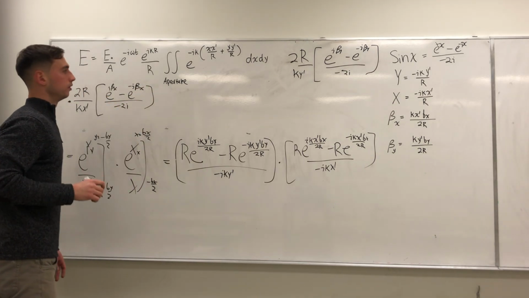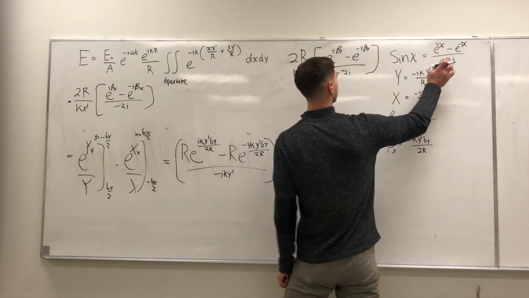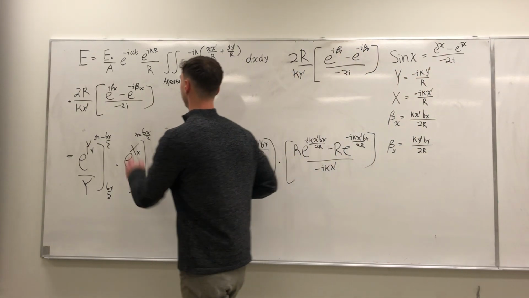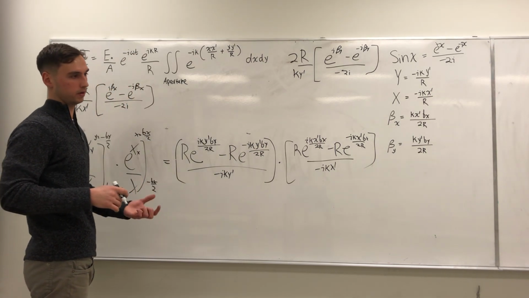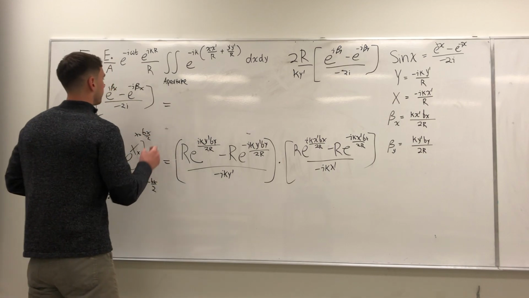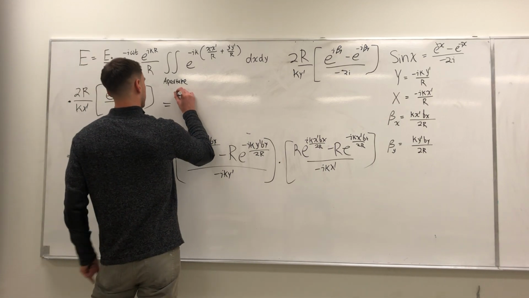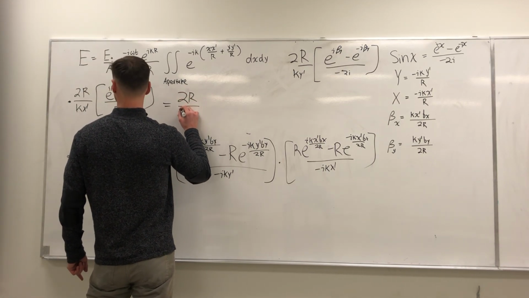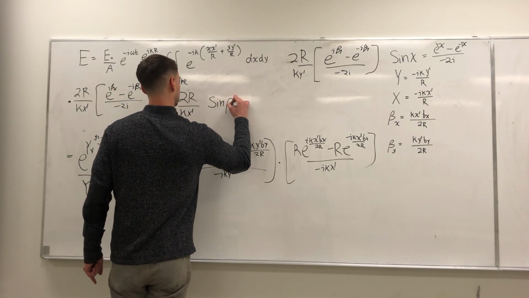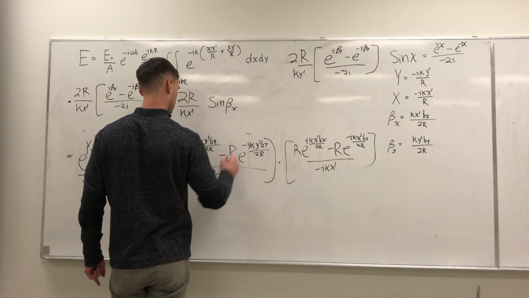Now, lo and behold, we have reached this expression with our x being beta y, or beta x in this case. So then from here we can rewrite this expression as 2r over k x prime sine beta x.